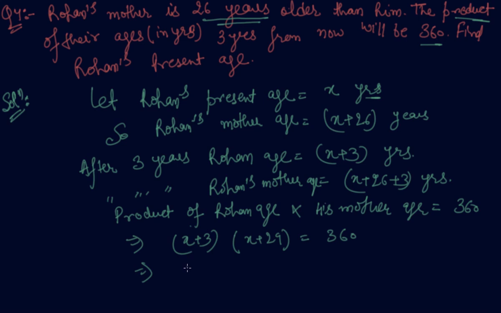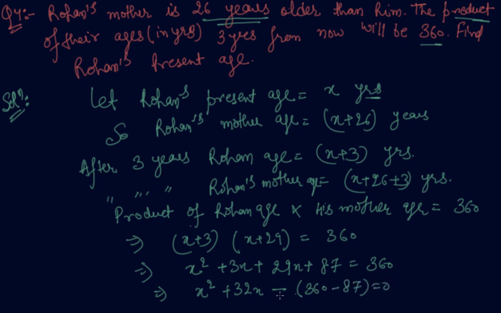If we solve the equation, it comes out to be x square plus 3x plus 29x plus 87 equal to 360. So if you solve it, it's x square plus 32x equals 360 minus 87. If you solve it, you will get x square plus 32x minus 273.